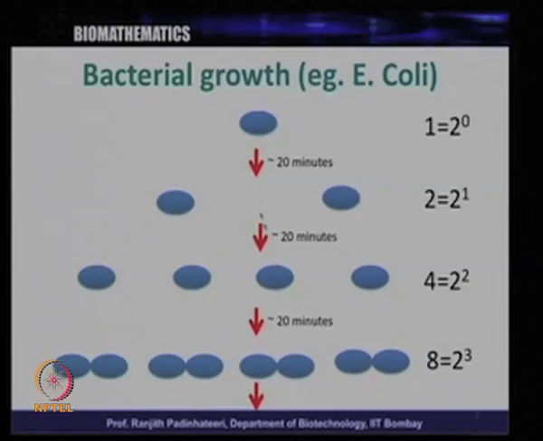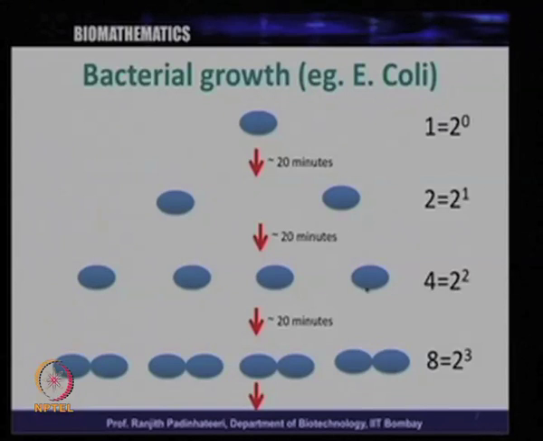Now, in the second generation, if you wait another 20 minutes, you will get 4. This will divide into 2, this will divide into 2, so you have 4, which is 2 power 2, the second generation. Everything is divided into 2, and the power is for the generations.